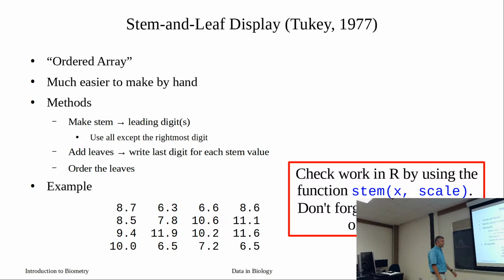All right. R has a stem function that allows you to make a stem and leaf display. Are we going to do it? No, we're not going to do it. I'm not going to introduce this at all because basically all of our work is going to be on the computer. So it'll be histogram. Use the hist function. If you're curious on how to do this, you can do a search, or you can stop by my office and I'll show you how to do a stem and leaf display. There's only been a handful of times when I've done these in real life, outside of a class.